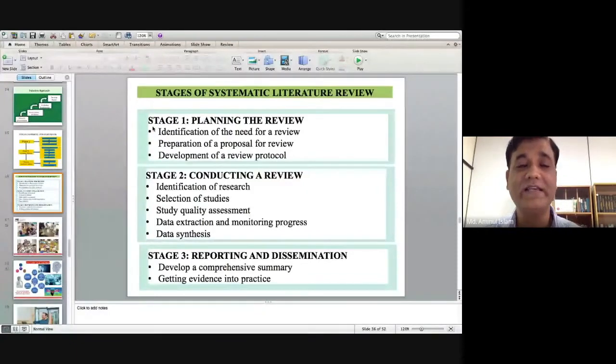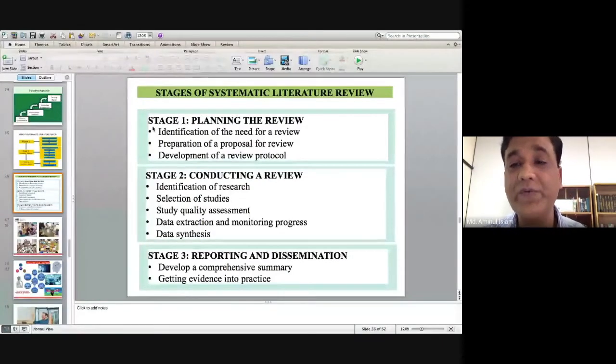All right. This is the second slide on the systematic literature review. It's very similar to the earlier one. Basically, we have to plan for a review. We have to have a research problem and research question in hand. And then we have to have parameters and keywords so that we can conduct the review, identifying the right kind of research paper. Then we assess the quality of the paper, and then we extract the data from the paper.